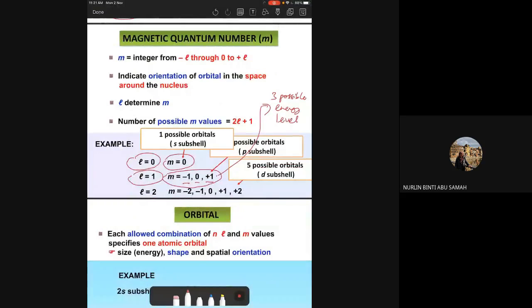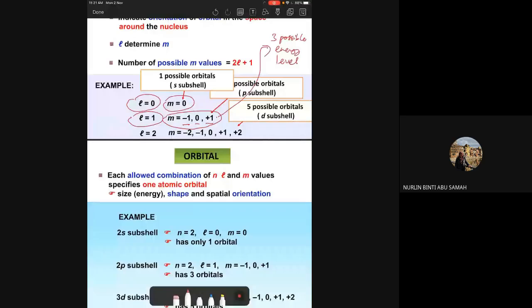So for l equals 2, the same thing. You simply write negative 2, negative 1, 0, positive 1, positive 2. These values represent the 5 orbitals for the d subshell.